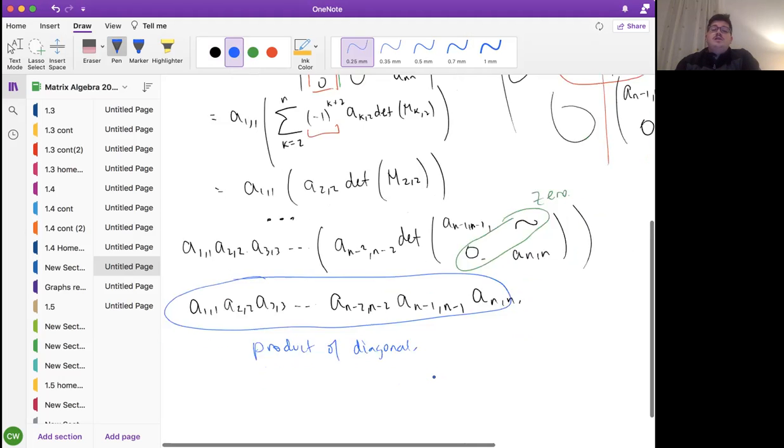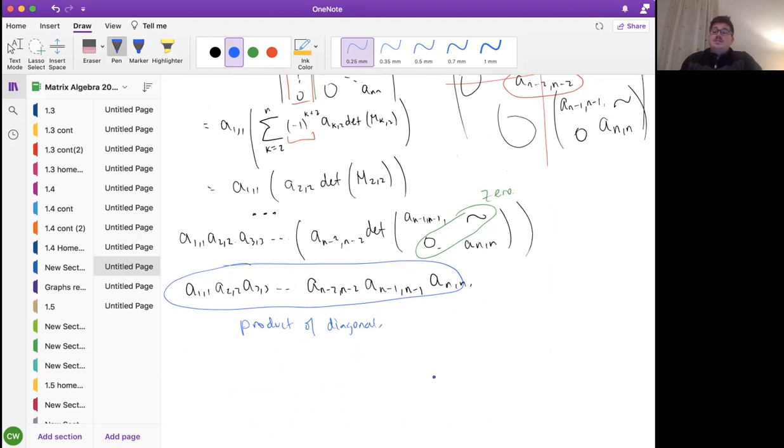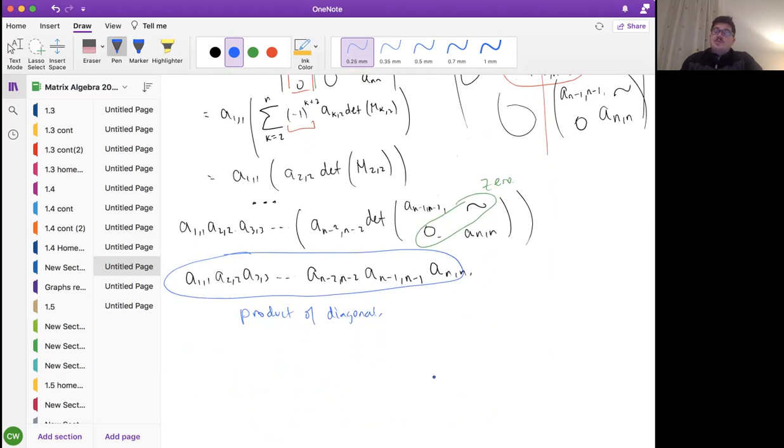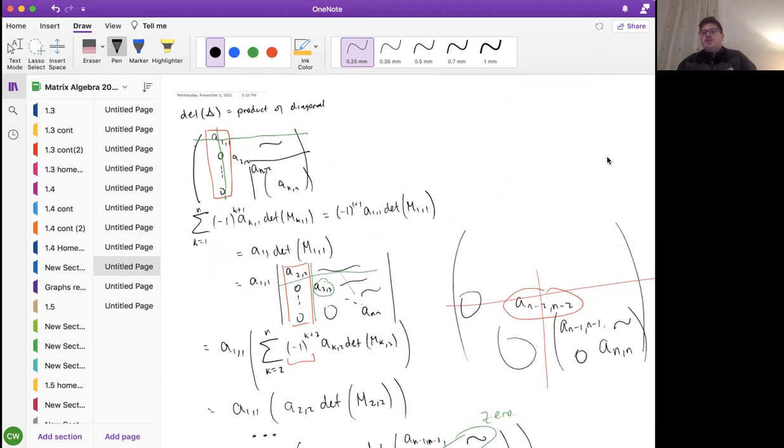Okay, so why is this so nice? Can someone say why this is so nice? Thinking about row operations? Yeah, if it is an upper triangular form, or you can do the same thing for lower triangular.